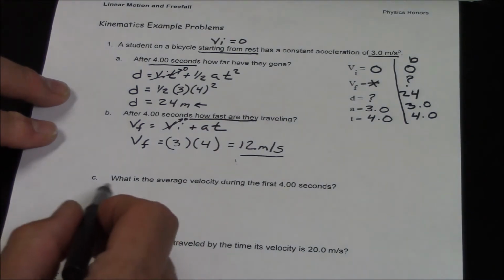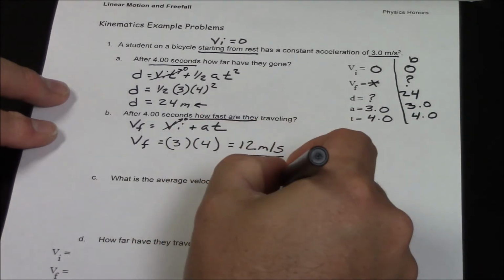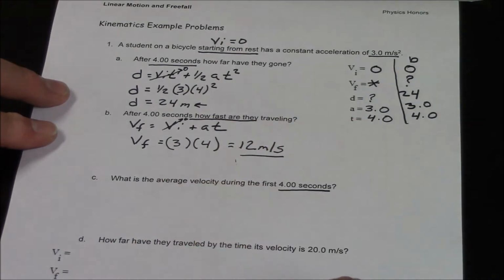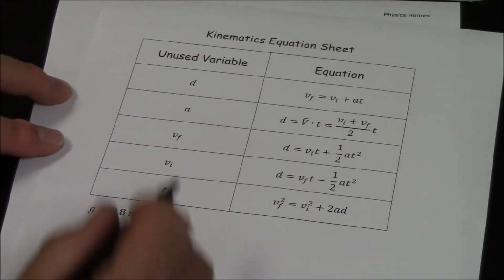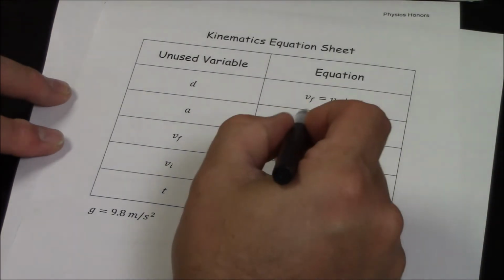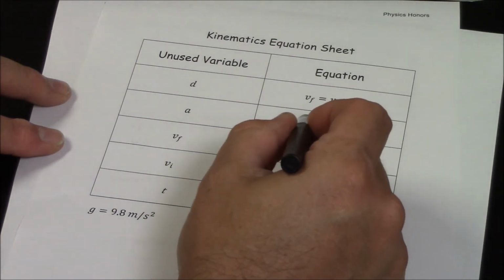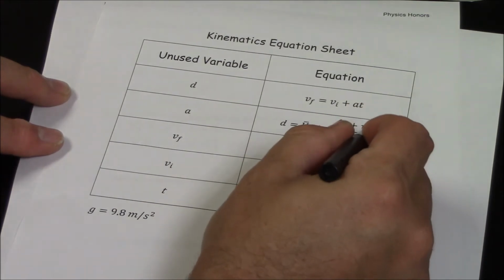Part C. What is the average velocity during the first 4 seconds? So we're still talking about the same time frame, but now we want average velocity. If we go to this equation sheet, we don't really have an equation for average velocity. But this is average velocity, which is this part of this equation.